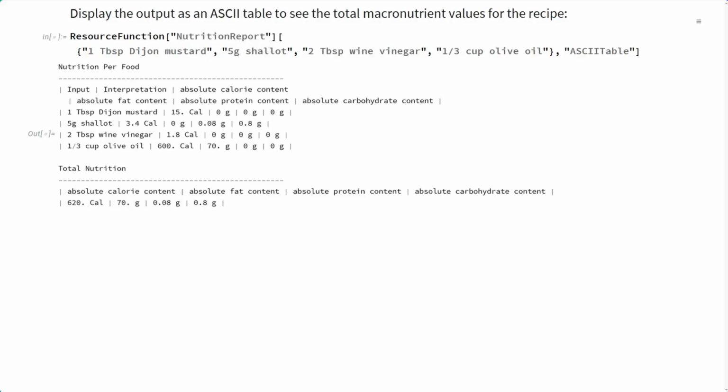And as you can see, it's going to tally the absolute total nutrition for that recipe. In this case, this Dijon vinaigrette, I'm getting 620 calories, 70 grams of fat, etc. So this is a good way to get those total macronutrient values for a complete set of ingredients or a complete recipe.